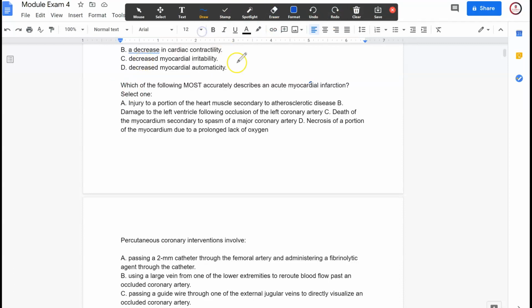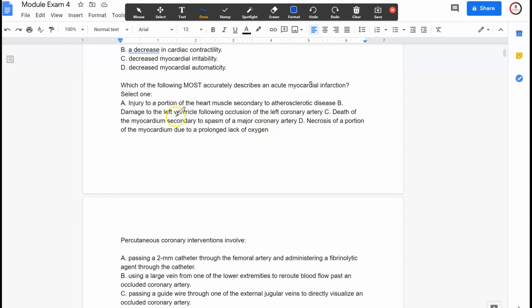All right, so our options here: injury to a portion of the heart muscle secondary to atherosclerotic disease, damage to the left ventricle following occlusion of the left coronary artery, death of the myocardium secondary to a spasm of a major coronary artery, necrosis of a portion of the myocardium due to a prolonged lack of oxygen.